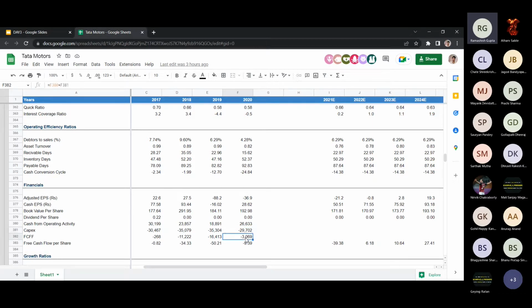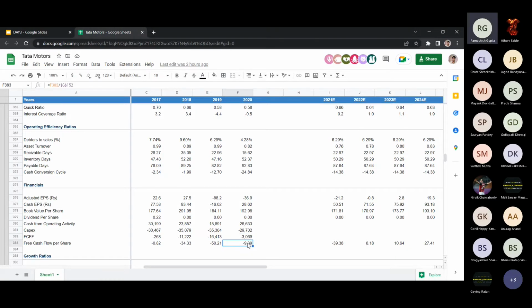When we subtract these two numbers, we get the free cash that is being generated. So here the free cash is minus 3069. That means Tata Motors has actually generated minus 3069 free cash, which means it has to pay this amount of cash for the working of the company for that year.